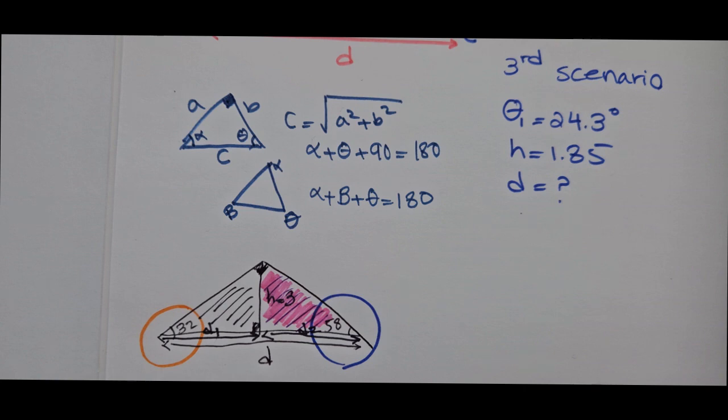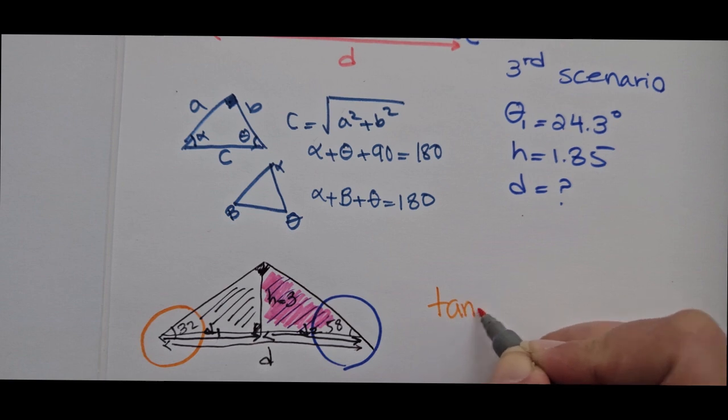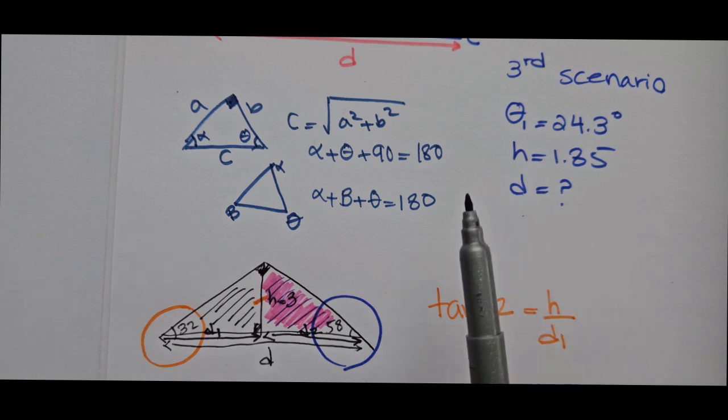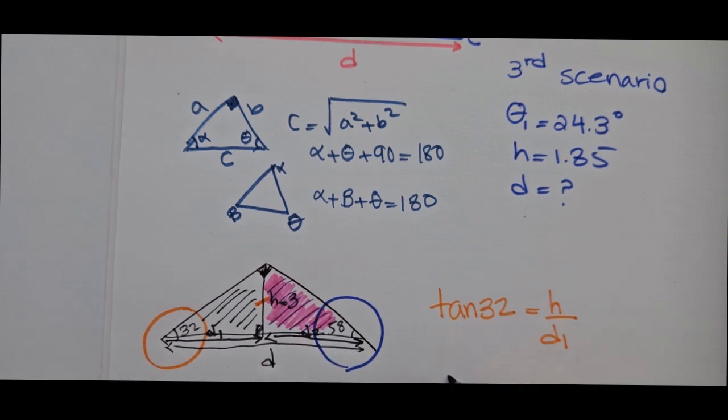How do you calculate the tangent? Let's say tan 32 in the black triangle would be H over D1. And then I'm going to use the blue and write the tan of 58 for the pink or purple triangle.